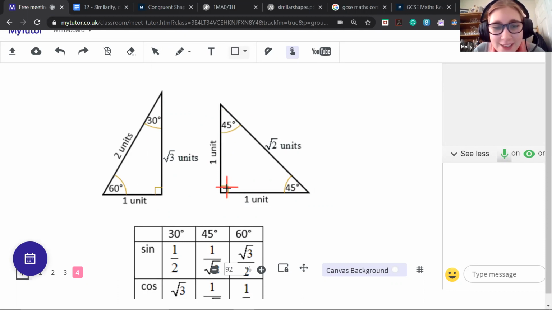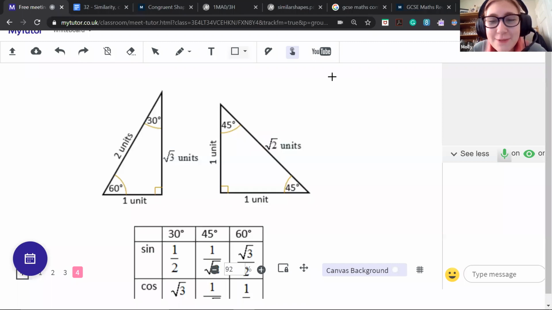So you call this 1 and 1, and then by Pythagoras, this is root 2. And then we can see here that tan of 45 is 1 over 1. So tan of 45 is 1. Sine of 45 is opposite over hypotenuse, so it's 1 over root 2. And cos of 45 is adjacent over hypotenuse, so it's also 1 over root 2.